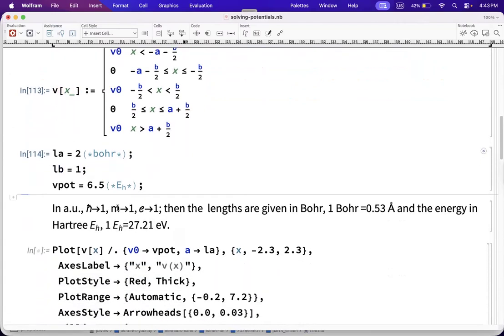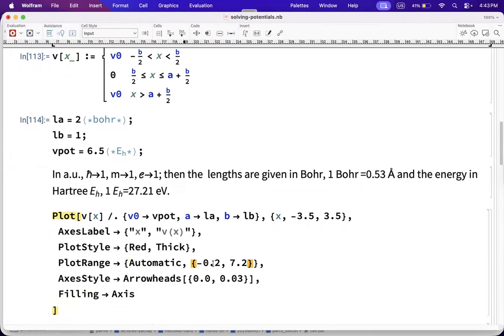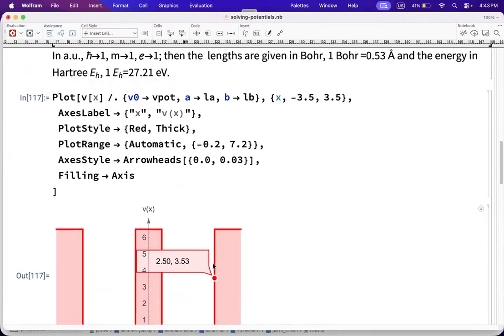Since we are going to use atomic units, we replace this, LB is going to be LB, and next I'm going to put minus 3.5 to 3.5. The rest is exactly the same. Let me see if it works. Fine.